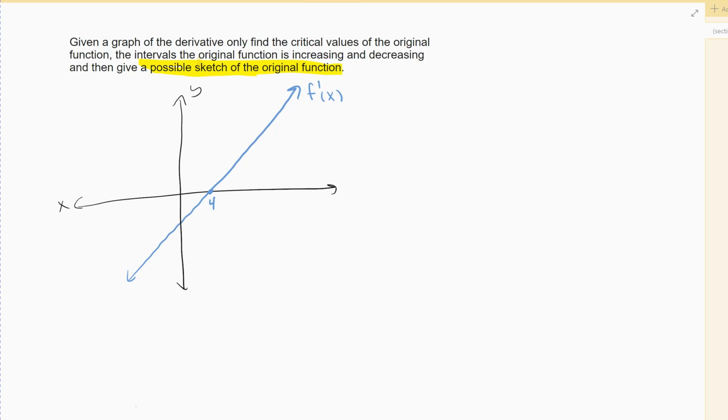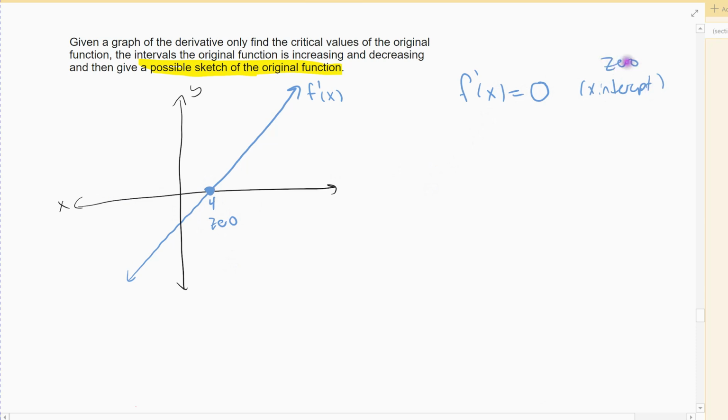The first example is a simple case where I've got a derivative that's a line. The blue function here is my derivative, and the derivative tells me a lot of information. They mark off this point here, and that point's important. The 4 is where it crosses the x-axis. That's its 0, so the derivative is 0, or has an x-intercept.